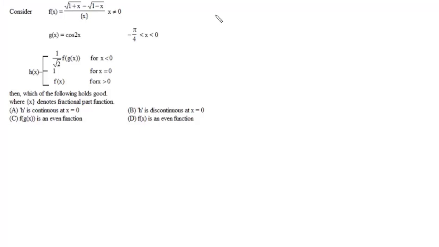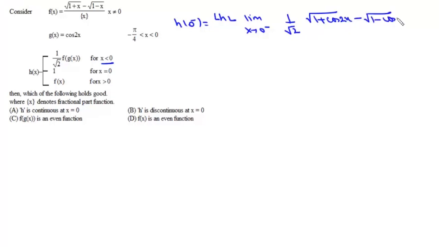Now if we look at left hand limit at 0, it will be h 0 negative limit x tends to 0 negative, and when x is less than 0, it will be 1 by root 2, and then f of gx, and f of gx will be under root of 1 plus cos 2x minus under root of 1 minus cos 2x upon greatest integer function of cos 2x.